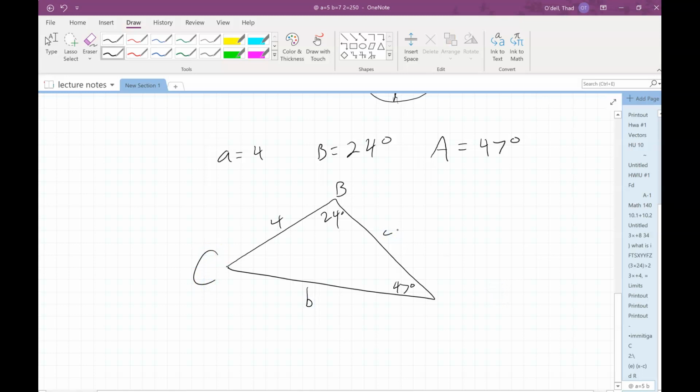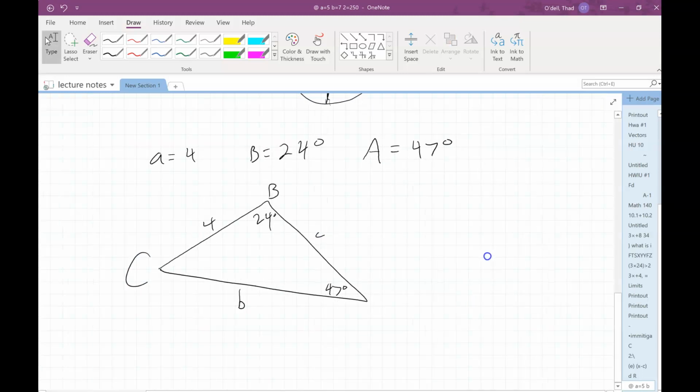So you notice in this case, we do have an angle opposite a side, so we can use law of sines. And it's not the ambiguous case, which you learned about in the earlier video, because it's not angle side side or side side angle. Okay.